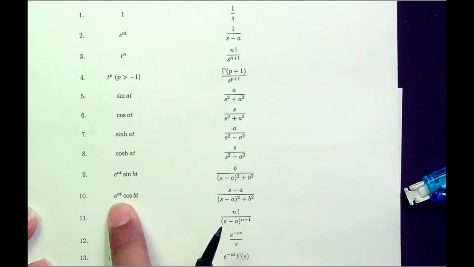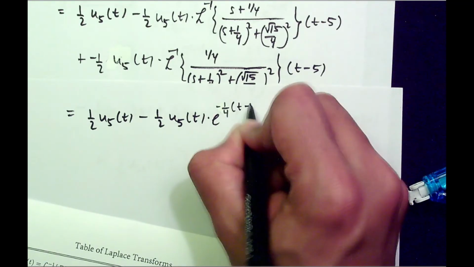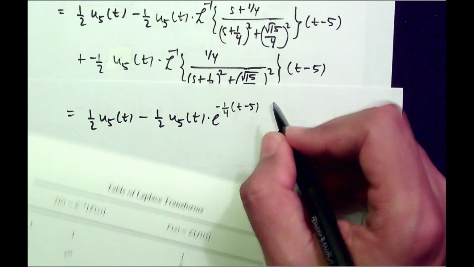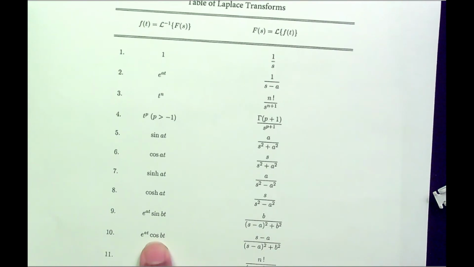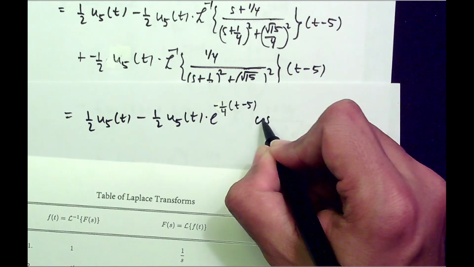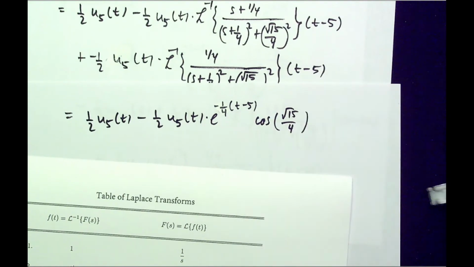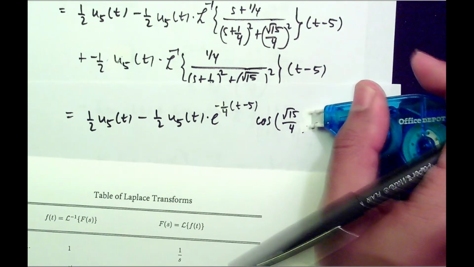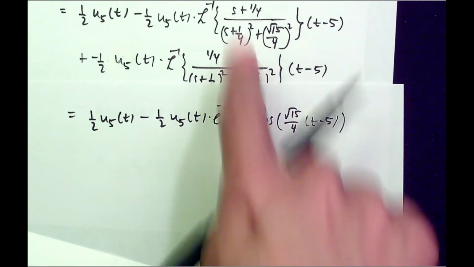So e to the negative 1/4 t, but remember it's not at t, it's at t minus 5, times the cosine of square root of 15 over 4, and then times t, but not t, t minus 5. Okay, so that inverts that one.